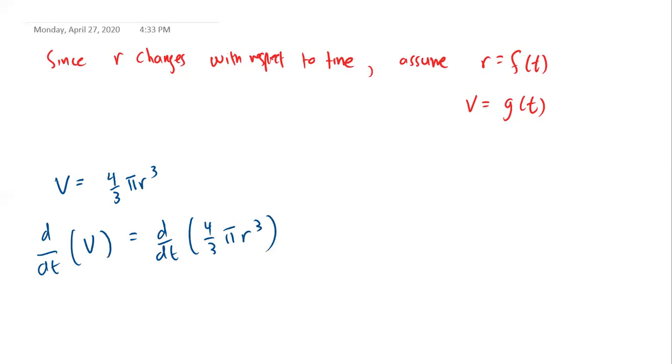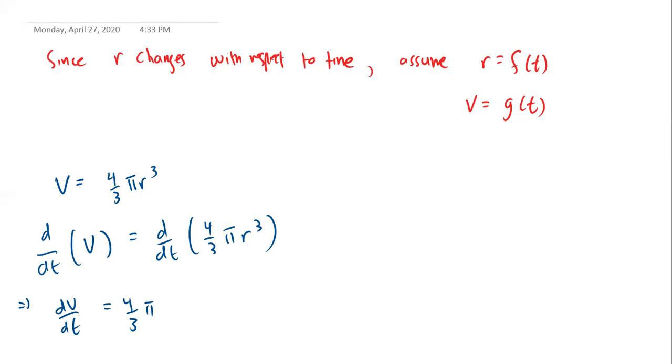Here's where you have to remember to use implicit differentiation, right? So the derivative of V with respect to t is just dV/dt. So there's nothing crazy going on there. Here we can move the 4/3 out, as well as the pi. Those are constants. So it's the derivative of r cubed. This is a function of time, right?